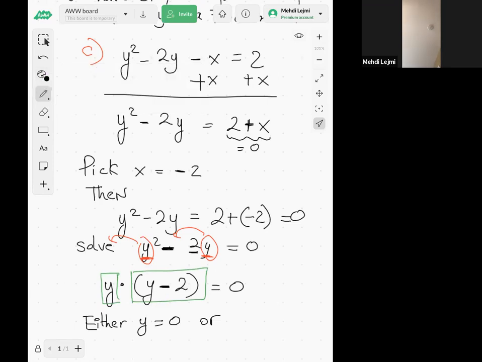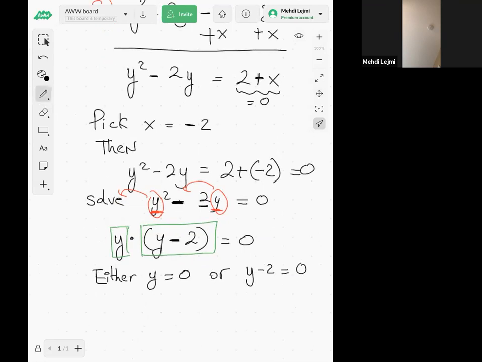Okay, so guys, whenever you have a product of two numbers equal to 0, then one of the numbers must be 0. So either y is 0 or y minus 2 is 0. In other words, either y is 0 or y is equal to +2.